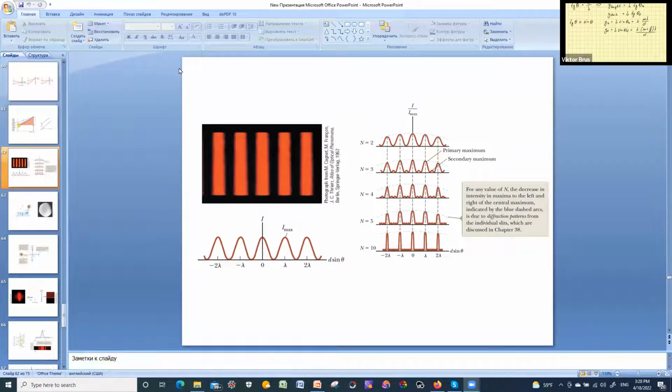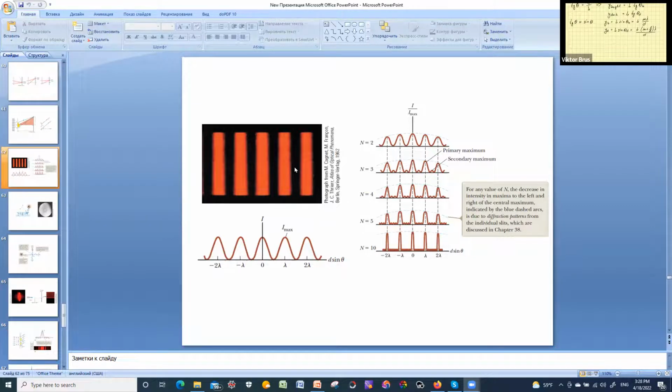So at this point, we already can tell the position of the maximum of bright fringes and minimum for dark fringes, which is determined by conditions for constructive and destructive interference.